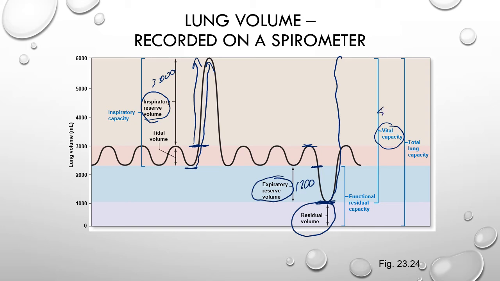And that's going to be somewhere around 5,000 milliliters or 5 liters. The total capacity is going to be somewhere in the neighborhood of 6 liters total. And so that's going to include our residual volume, our expiratory reserve, our tidal volume, our inspiratory reserve, everything that we have available for inspiration and expiration. So everything that's there is our total lung capacity.